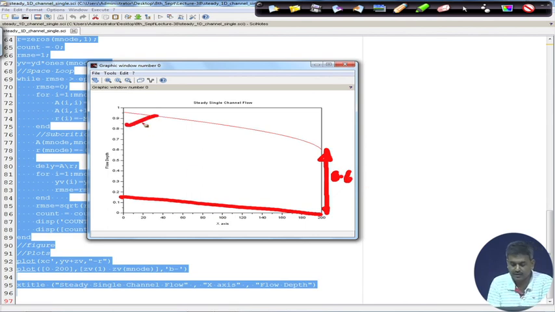This is the value that we are getting out of this. And in this case, at the upstream section we have a value which is more than 0.9 or 0.95.